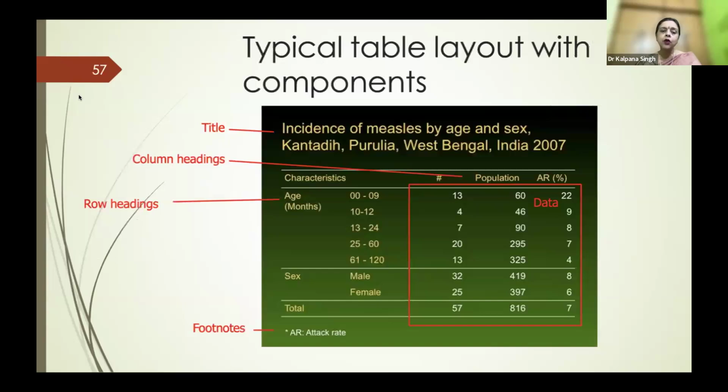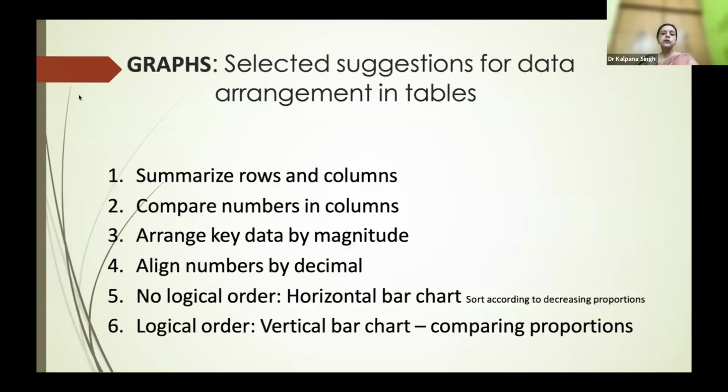This is a common way of writing a result in a table. First we have to give the title, then common headings, then rows and footnotes, and in the percentage we express our results. Sometimes graphs are very important. We can show it in tables, and sometimes we select a graph as a method of showing our result.